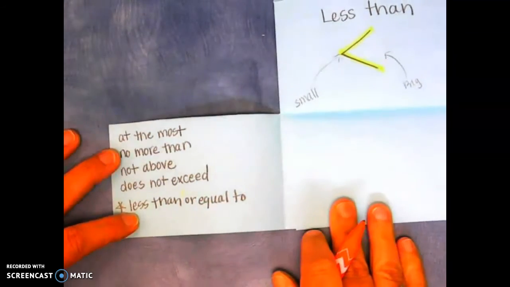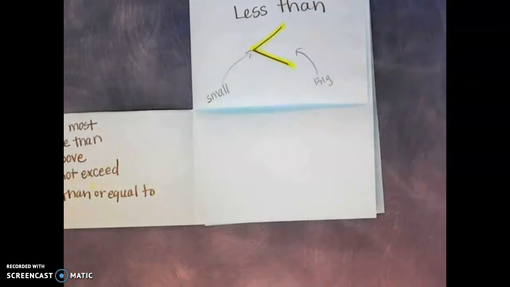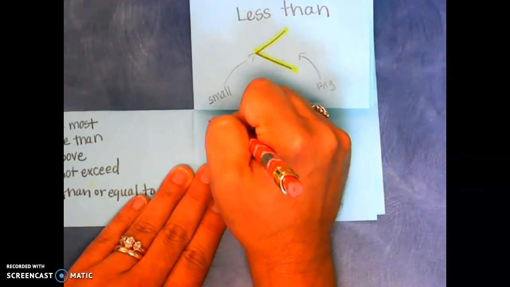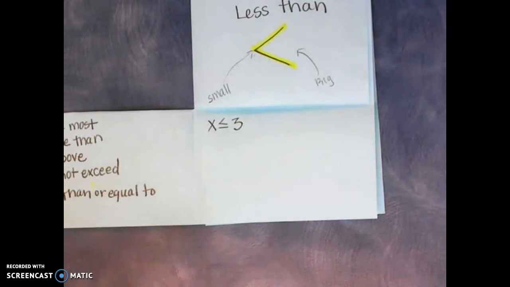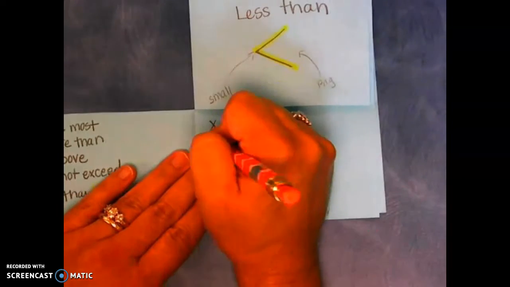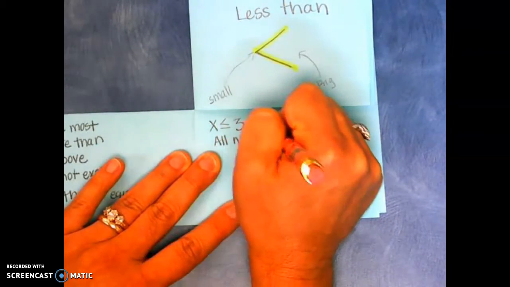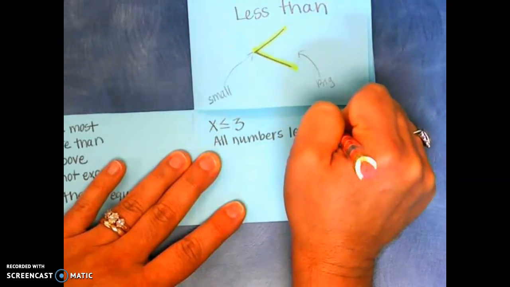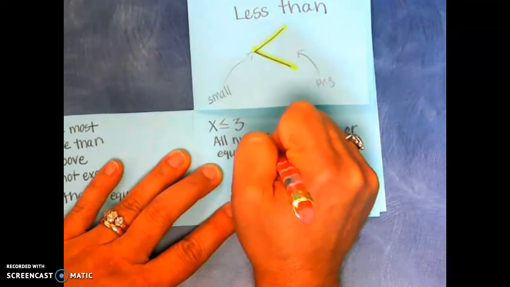Okay? So we're going to come in this next section of our foldable, and we're going to take the time to write out what it would look like. It's going to say x is less than or equal to 3. You're still using that number 3 so that you can compare all the number lines at the end. And we're going to write in words how you would say it: all numbers less than or equal to 3.